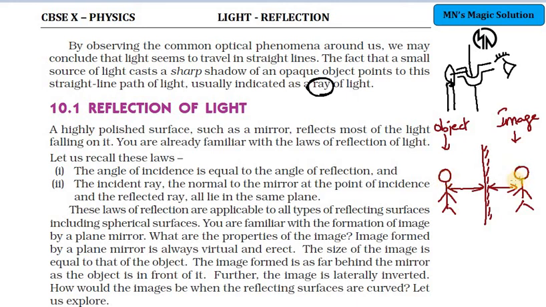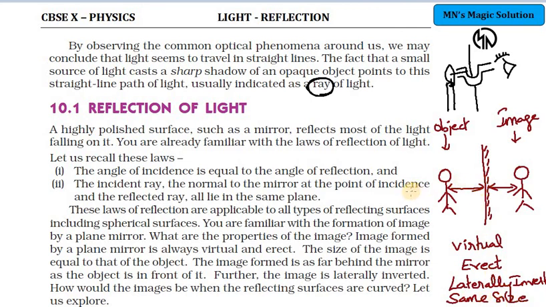And the image that I am finding inside will be laterally inverted. It will be virtual, erect and laterally inverted, and also it will be of the same size as that of the object.